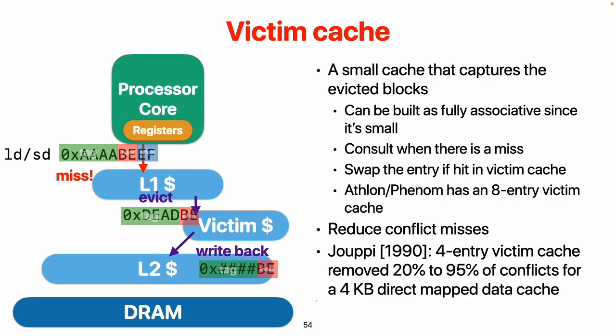However, the victim cache only stores the victim block when a cache miss happens. So in your cache, you have storage for the requesting block, and in the victim cache, you have the block that was a victim of a prior cache miss.